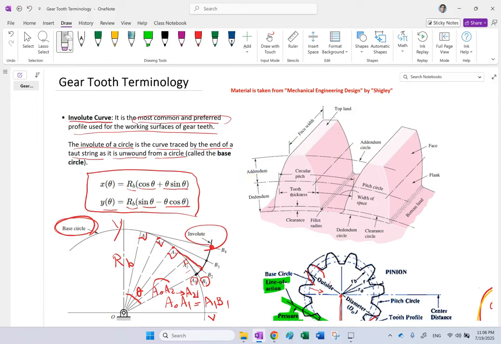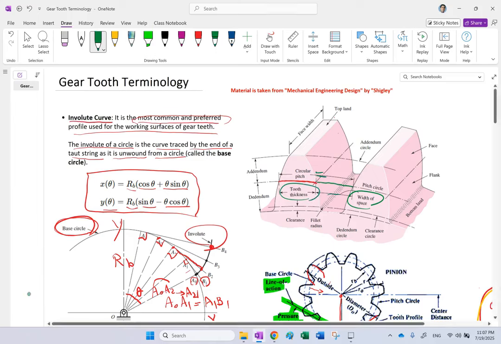The first part is between these 2 points on the profile of the tooth, this portion. The other portion of it is this gap between them. So this gap is called the space, and this thickness on the tooth is called the tooth thickness. So circular pitch is equal to the thickness plus the space.